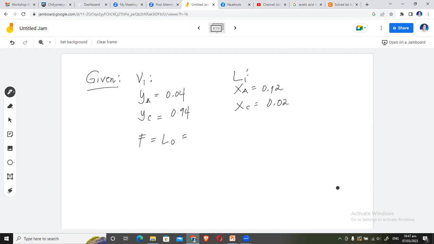So your original feed is at 100 kilogram. The composition of that, which is XA0 in terms of A, is 0.10. Now, in this case, the original mixture is 100 kilogram and the concentration was labeled also as XAM because this one is a continuation of our first sample problem.